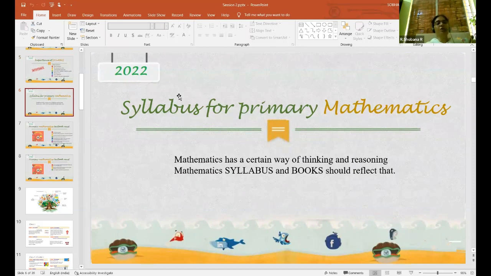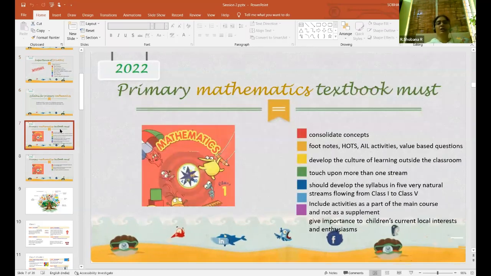It is the textbook which is the Bible for the child, to help her achieve the learning objectives of the curriculum. So the maths textbook is a very, very important tool on which we should decide when we present it to the child. And it is the job of the teacher to take the activities in the textbook so that the child feels it's very easy to get all those learning objectives.